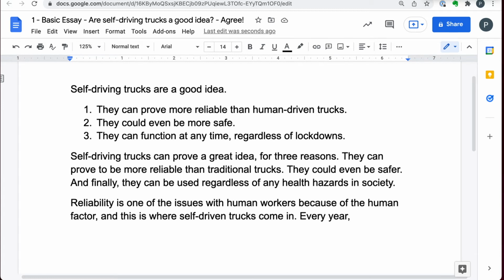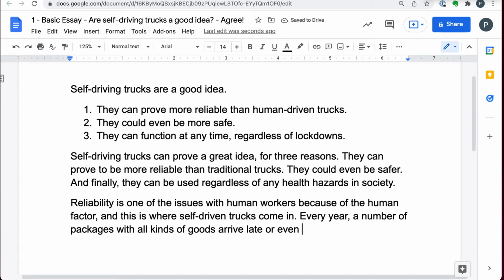I'm just gonna say every year a number of packages with all kinds of goods arrive late or even not at all. Well, let's say arrive late. Okay, arrive late. This is often due to human error.